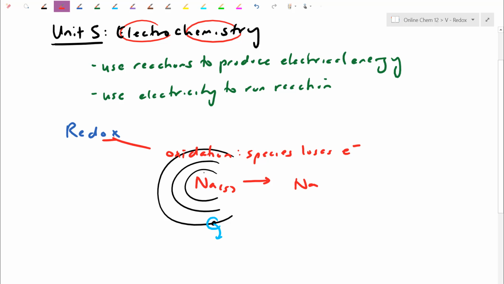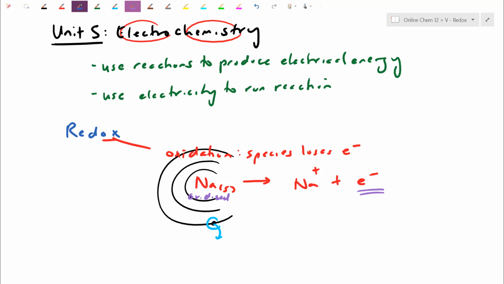But previously we were sodium as an atom, we were neutral. Having lost an electron, now I have a free electron loose in nature, and I've created the Na plus ion. So we're going to see an oxidation reaction has electrons on the right hand side, and the sodium as the reactant is the chemical that was oxidized. This is the one that actually lost electrons.